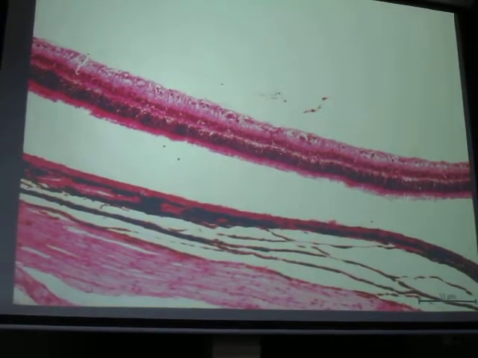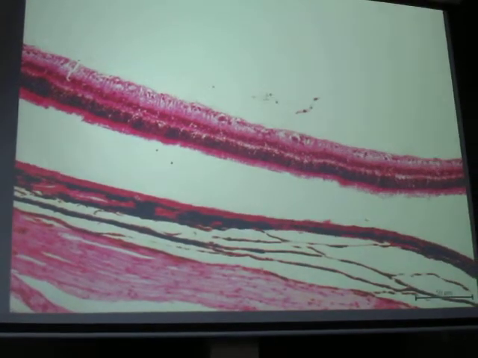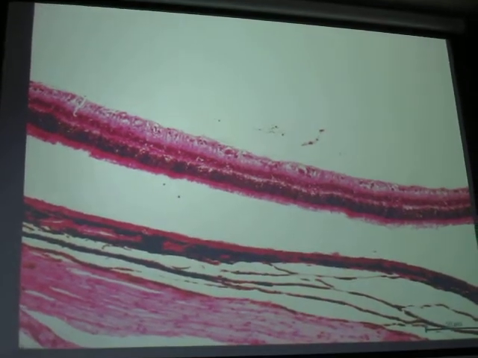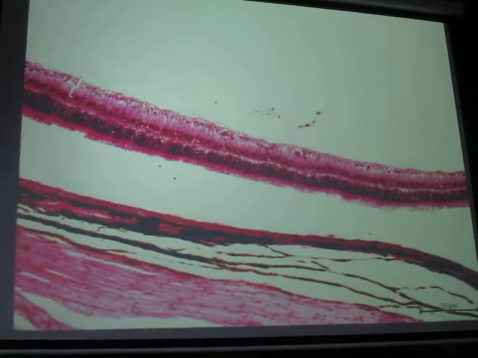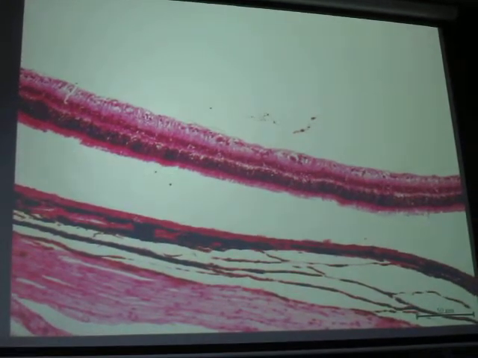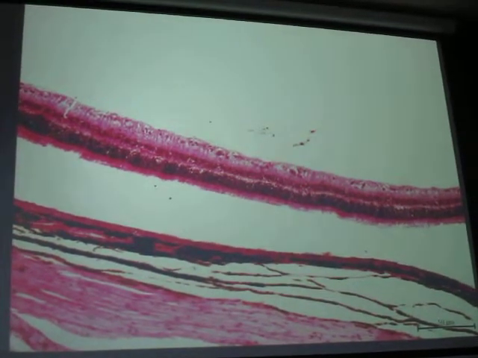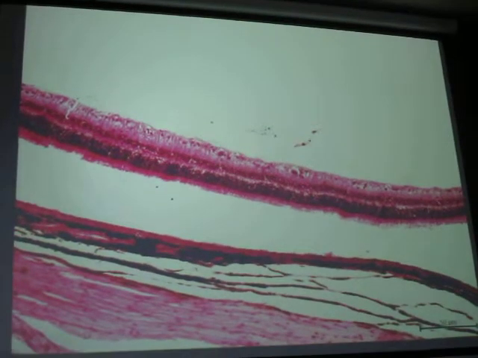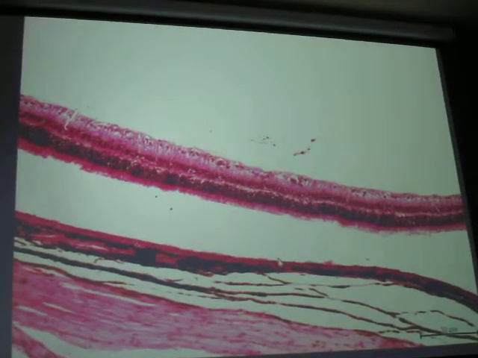The innermost layer, the Bruch's membrane. Okay, it is attached to the Bruch's membrane.